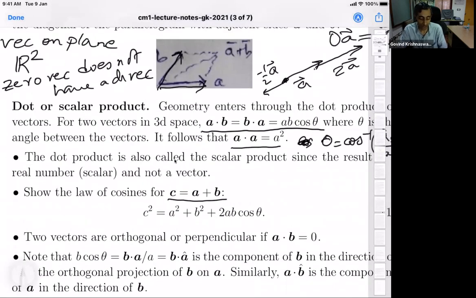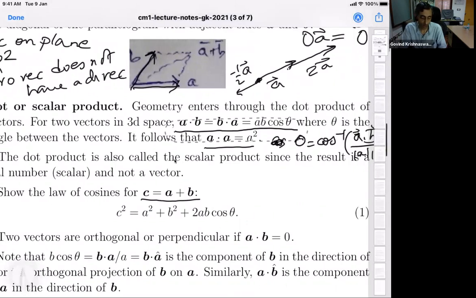But before I go to the next one, I just want to point out one little thing here. We've got an interesting property of the dot product, namely that it is commutative. It's abelian. A dot B is equal to B dot A. Because AB cosine theta is the same as BA cosine theta. So we say that the dot product is commutative.